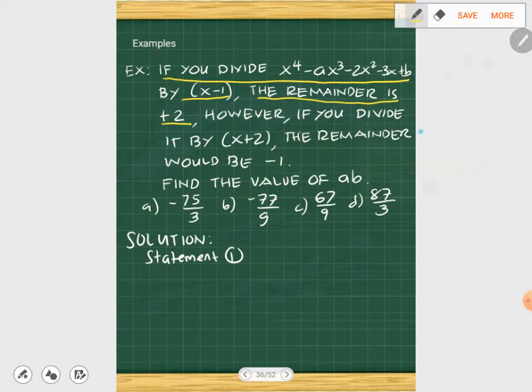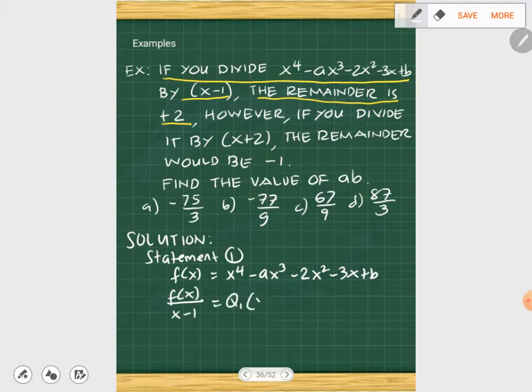So, bali meron tayong, let's say yung function of x natin is x to the power of 4 minus ax cubed minus 2x squared minus 3x plus b. So, if we divide yung function of x by x minus 1, may quotient yan, no? I assume quotient 1x plus meron daw siyang remainder, di ba? Ito yung remainder, 2 all over x minus 1.